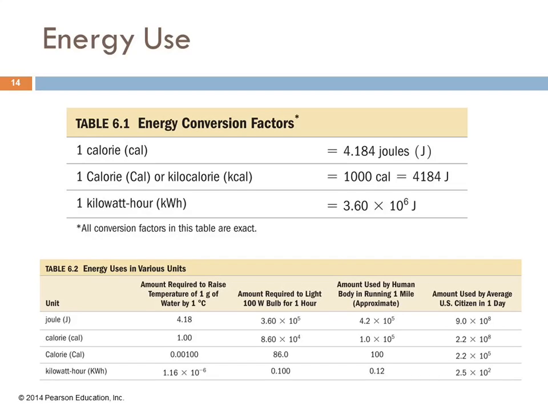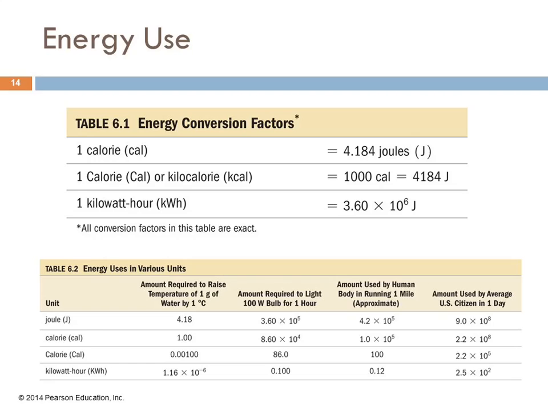There are many other units of energy. One of them is the kilowatt hour. That's what the power company measures for your electricity. And here's some relationships between these. Can't see that, it's too small. This is just to help you get a grasp for how big these units are.